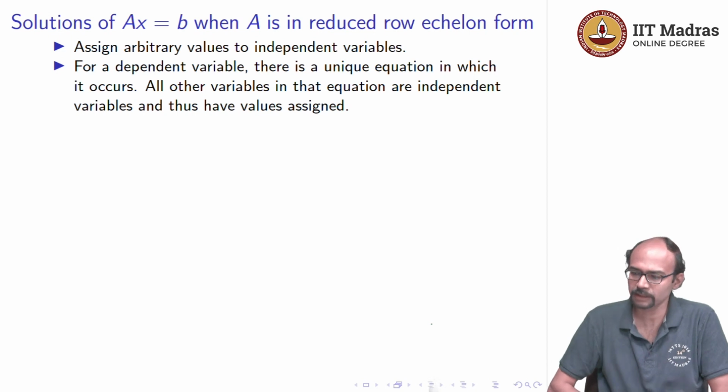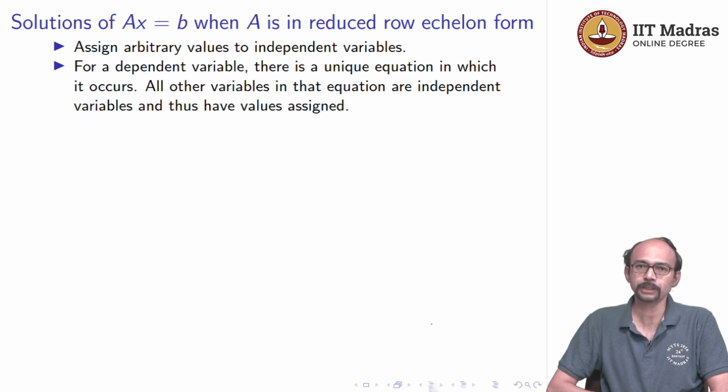All other variables in that equation are independent variables, right. That is the power of the reduced row echelon form, because in a column with a leading 1, all the other entries are 0. So, no dependent variables can occur together. In a single equation you will have only one dependent variable, if at all.